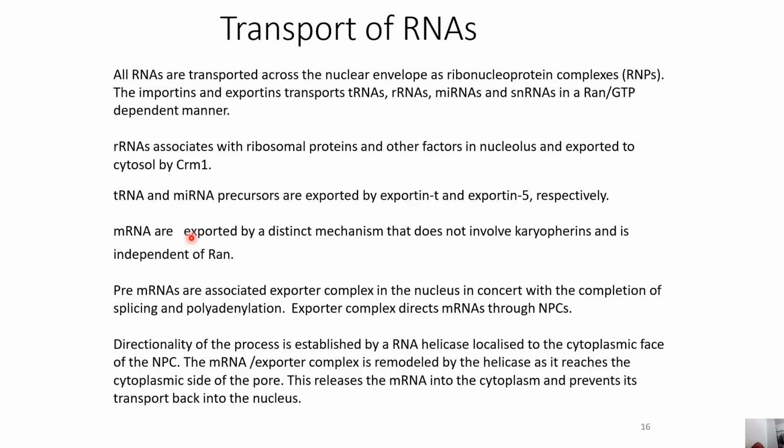mRNAs are exported by a distinct mechanism that does not involve karyopherins and is independent of RAN. Pre-mRNAs are associated with the exporter complex in the nucleus in concert with the completion of splicing and polyadenylation. The exporter complex directs mRNAs through the NPCs.